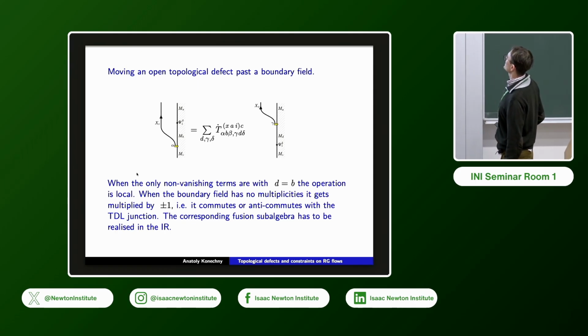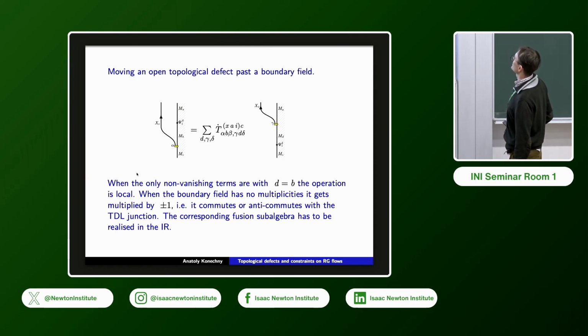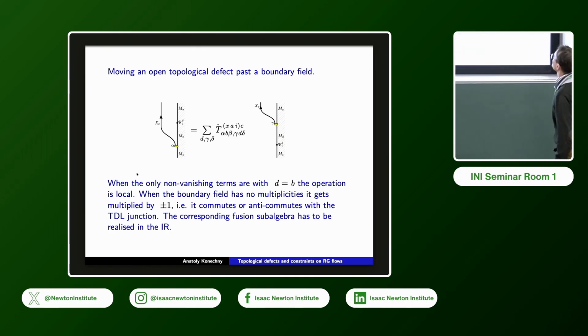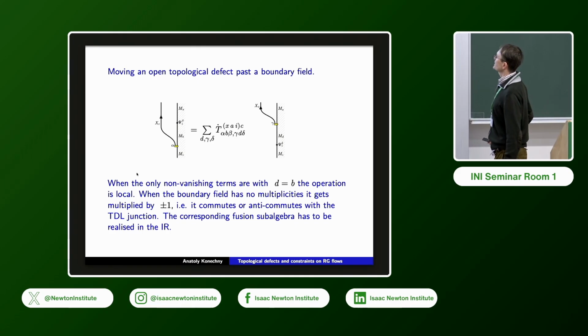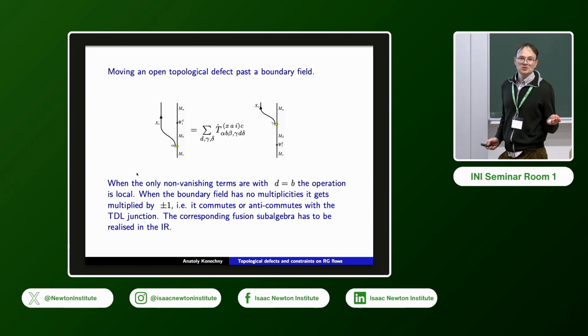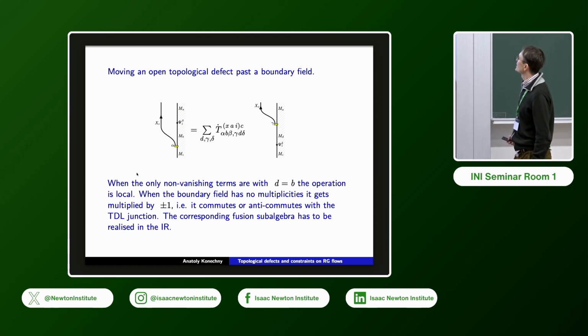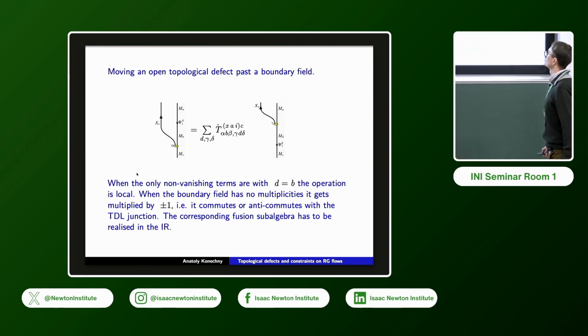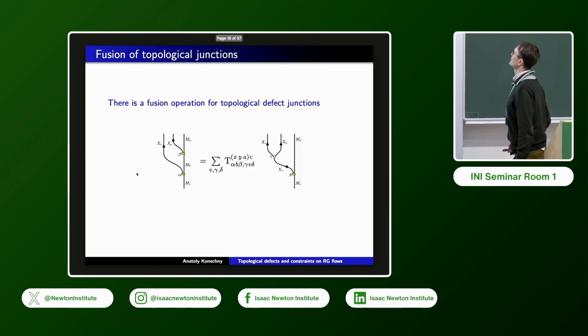So the interesting case here is when the only contribution in the sum is from the old boundary condition, which was between psi and the junction. And then again, the simplest situation you can imagine is that it's multiplied by plus or minus 1, so it commutes or anti-commutes with the TDL junction.